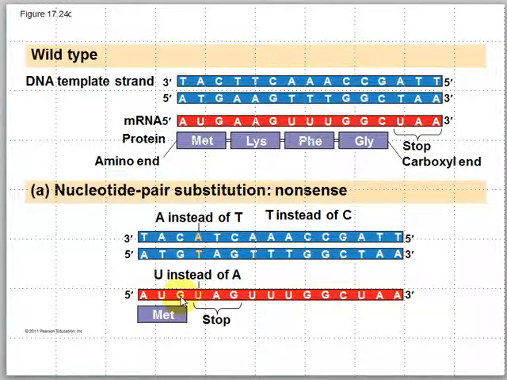So the AUG is correct, and it puts the methionine in there like it should. But then it gets to UAG, and the ribosome reads that as a stop codon, and so it stops. And so that's it. You have nothing. You have no functional protein because it got to this point, and it read UAG, which is a stop codon, so it didn't continue. So this mutation causes nonsense and a non-functioning protein.